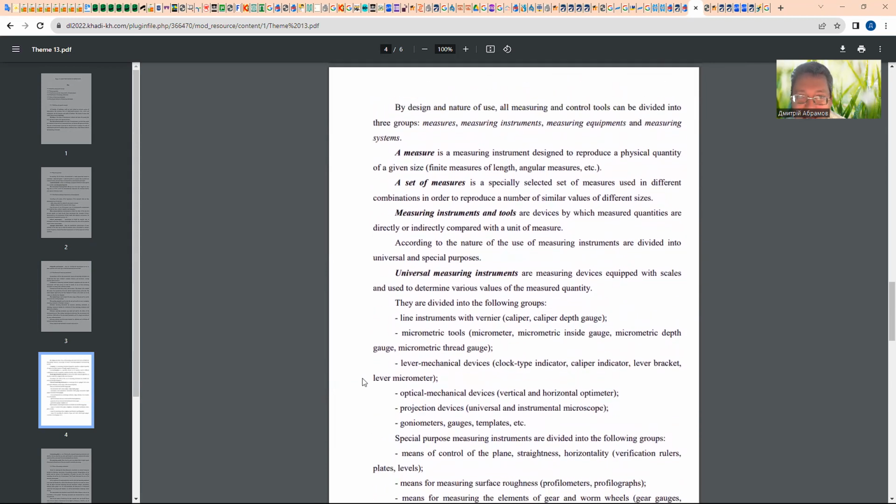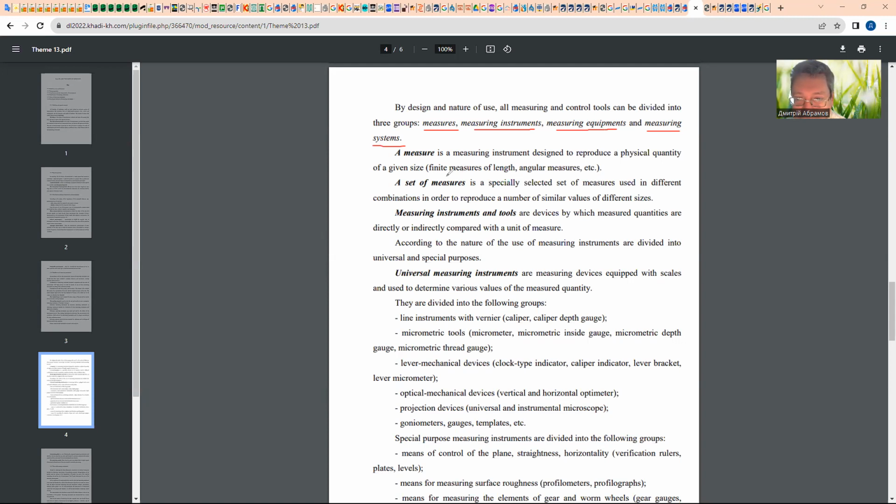By design and nature of use, all measuring and control tools can be divided into three groups: measures, measuring instruments, measuring equipment, and measuring systems. A measure is a measuring instrument designed to reproduce a physical quantity of a given size.